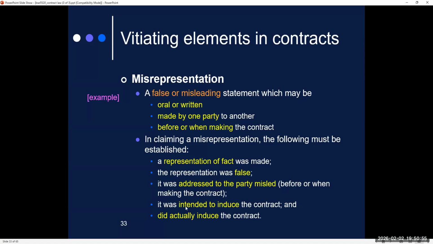Okay, it was intended to induce, direct the other party to enter into the contract, and did actually induce the contract. Okay, in order to claim that there really exists a misrepresentation.